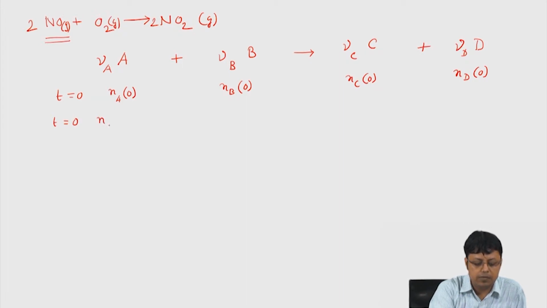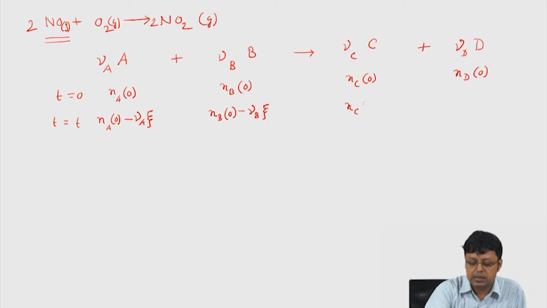So, the amount of N_A that will be left at some finite time will be N_A0 minus nu A times xi, with a minus sign because it is being consumed. For N_B it will be N_B0 minus nu B times xi.